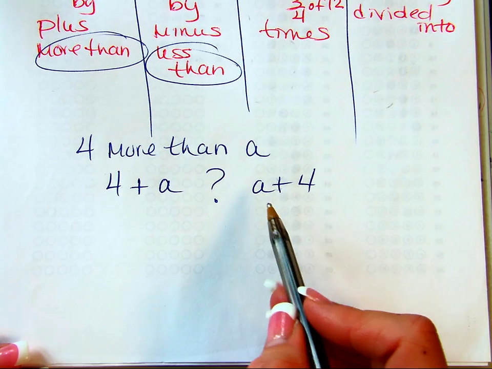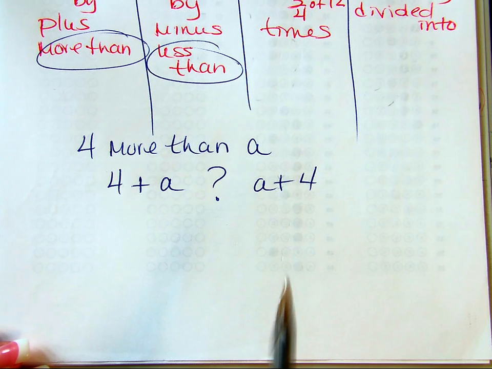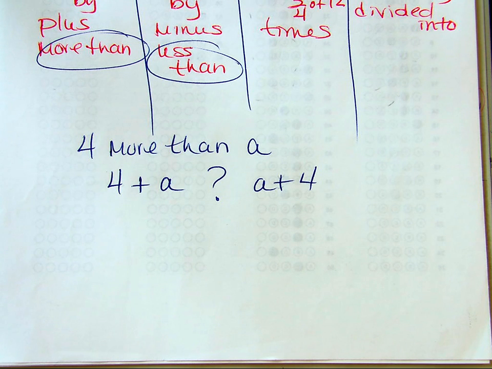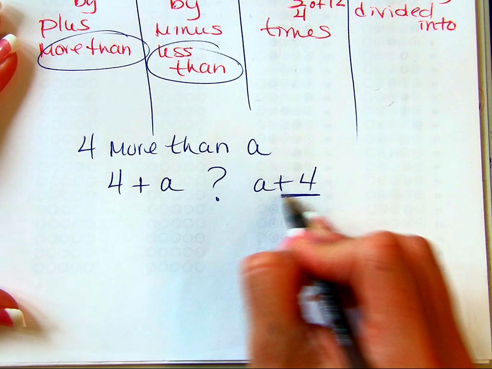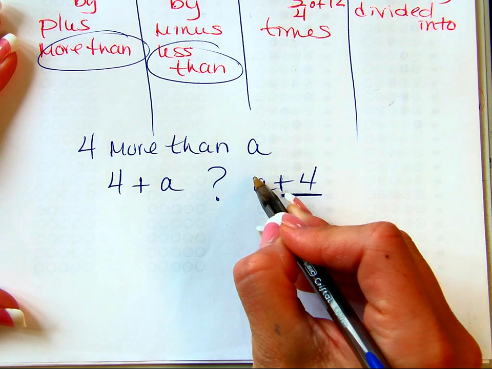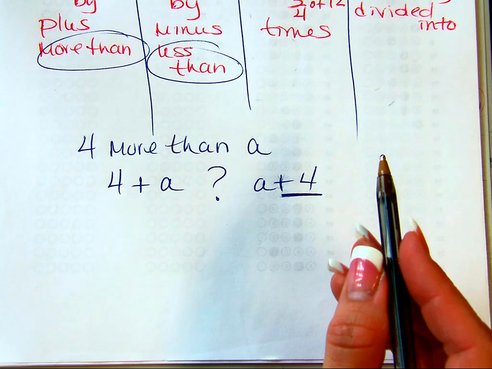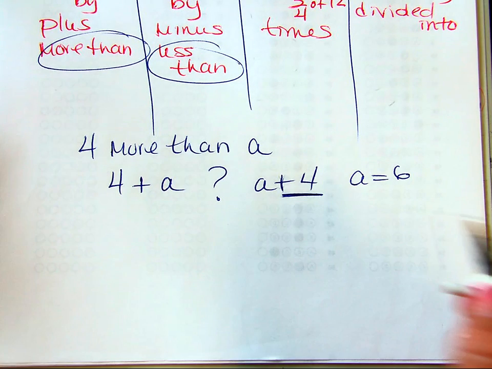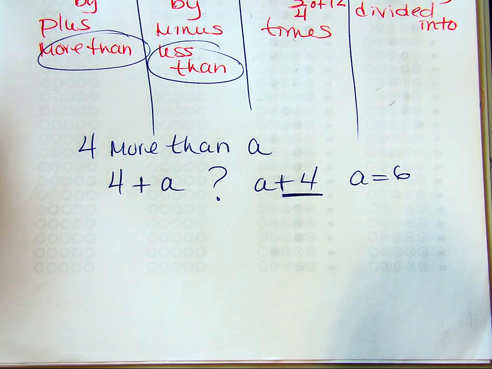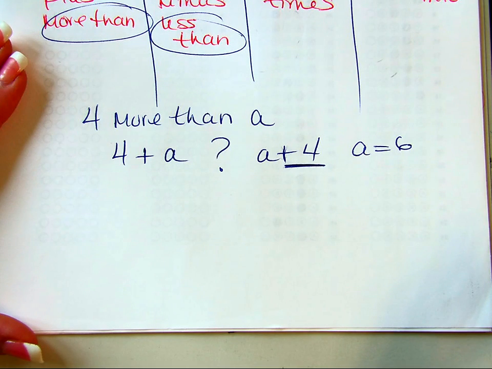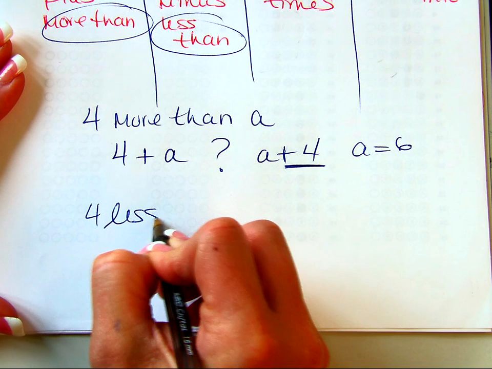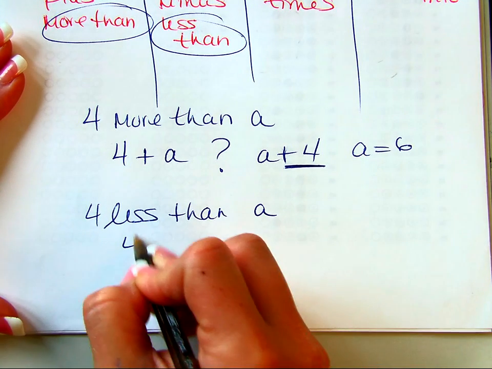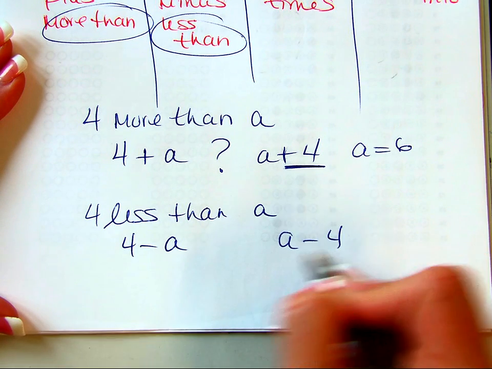And here's why I want you to think about that. Because if you have 4 more than something, wasn't there already an amount there first for 4 to be more than? So it's almost like you think about this plus 4 here, and A has to be before it. Okay, and I know what Dylan said, because if I say A is 6, you're going to get 10 for each answer. But what if I say less than? Would it be the truth then? What if I say 4 less than A? Is 4 minus A going to give me the same answer as A minus 4?